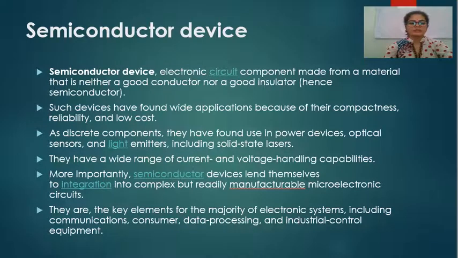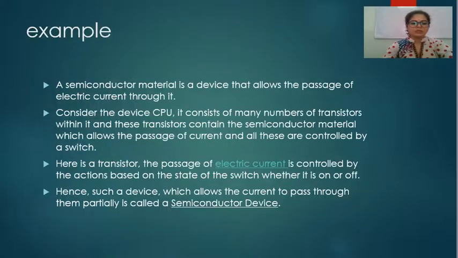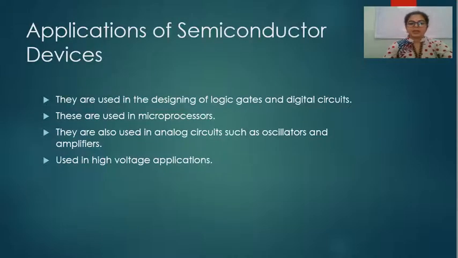After that, we have started with the semiconductor devices. In the semiconductor devices, we have also studied examples and applications of semiconductor devices, that is where we make use of semiconductor devices in real life. So I have explained some real life examples or applications of semiconductor.